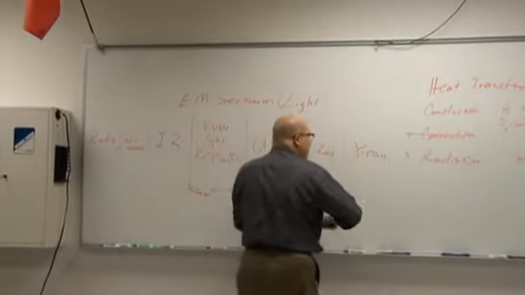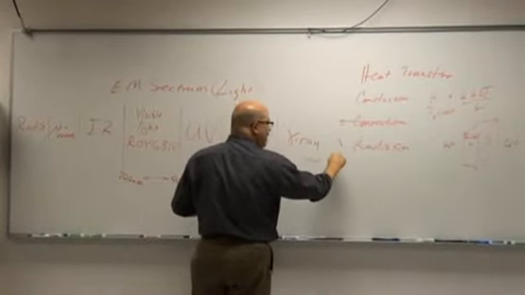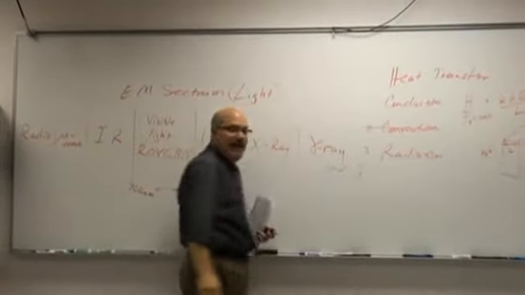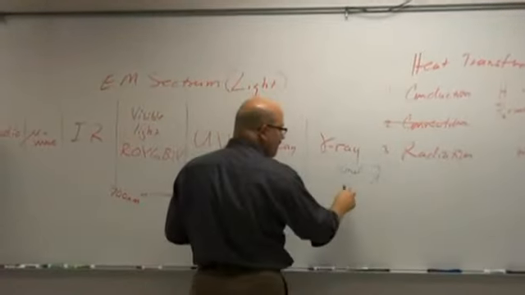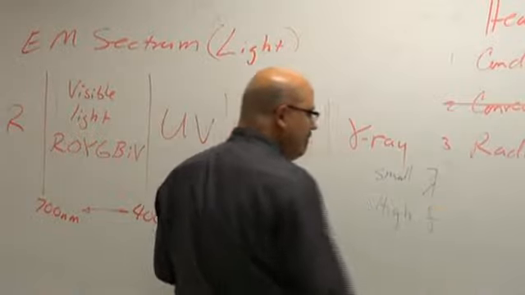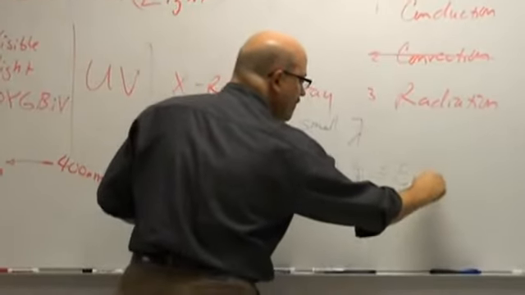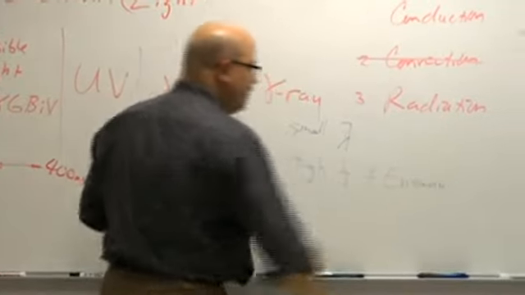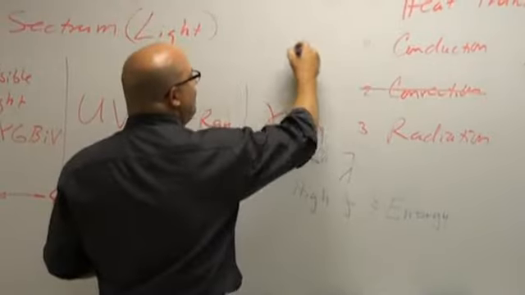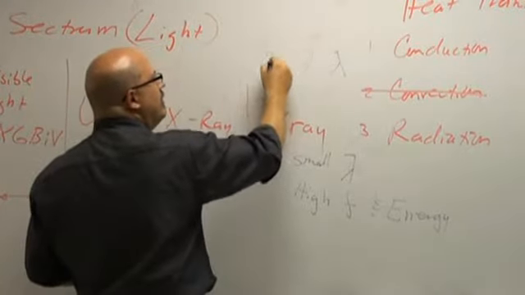Now, these are the highest energy, smallest wavelength. So I'm going to write this down for you to know later. So, small wavelength, there's our symbol for wavelength, it's a lambda. High frequency and energy. Actually, you'll see me write them like this, but you'll see them in books written like this or like this.